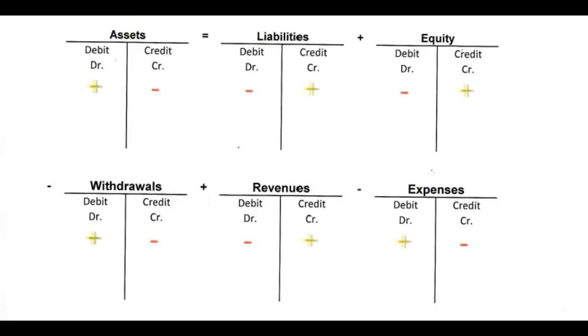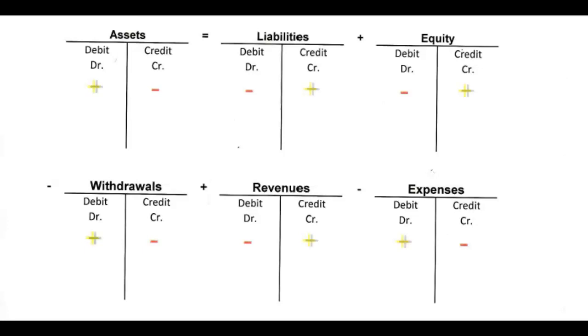We've got assets, liabilities, equity, withdrawals, revenues, and expenses. Remember assets, what you own, what the business owns: furniture, equipment, land, whatever you own is an asset. What you still owe on those assets is a liability.